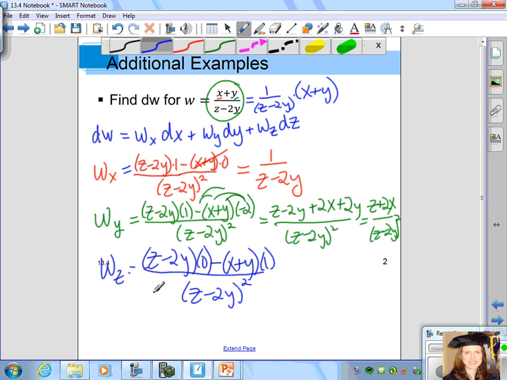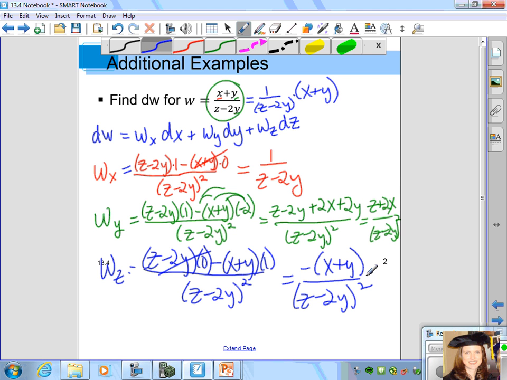This simplifies here to a negative quantity of x plus y over z minus 2y quantity squared. So those are your three partial derivatives with respect to x, y, and z.